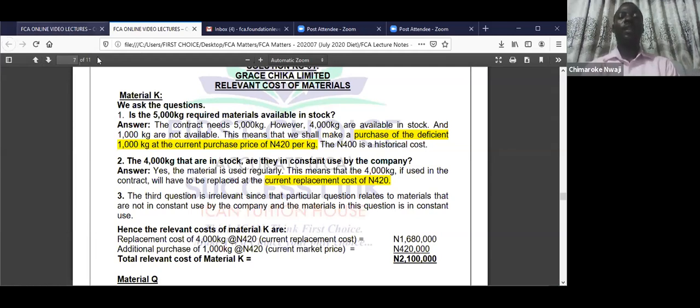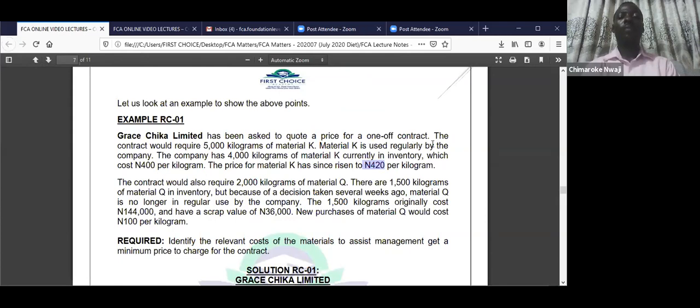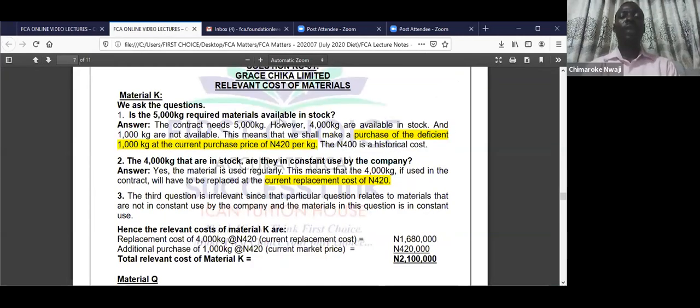See what the company says about it here. It says material K is used regularly by the company. So if material K is used regularly by the company, it means that it is in constant use.